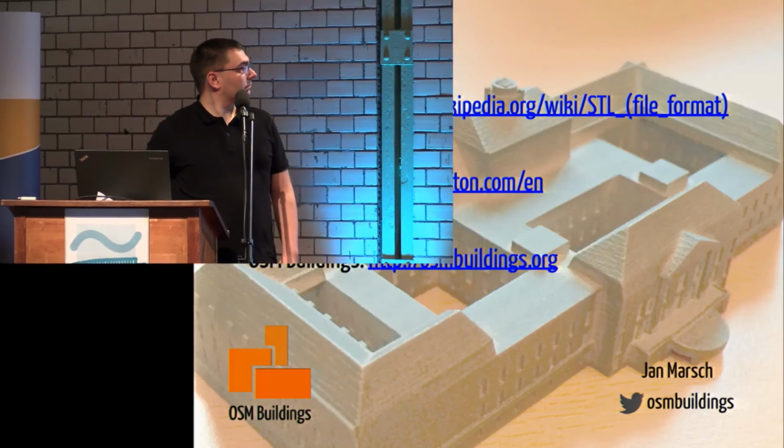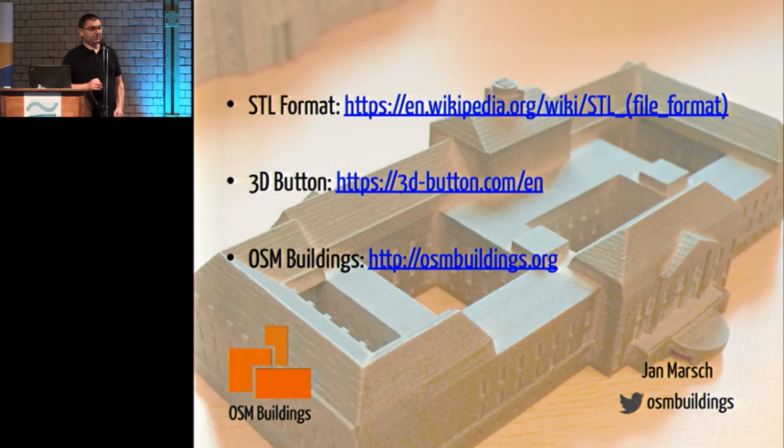Ideally, you just send a bounding box or maybe an OSM object ID, and you get back STL data, which you can have processed anywhere. That's about it. I guess there are probably more questions than things I can explain right now. You find something about the STL format and all our websites, and I'm here for questions.